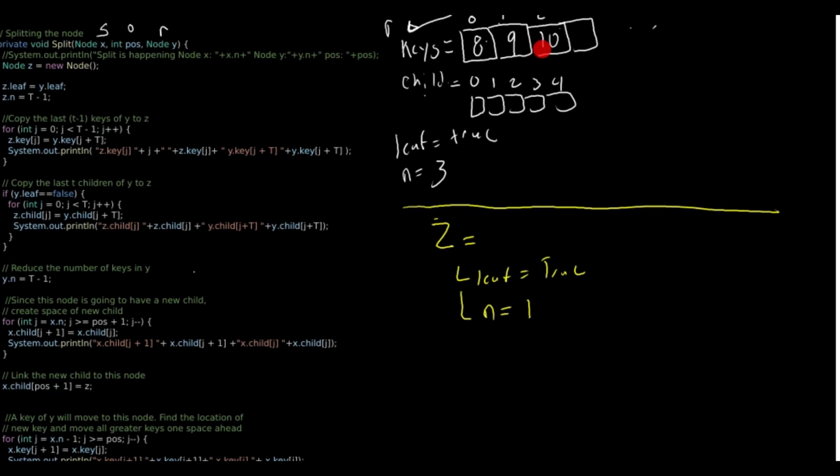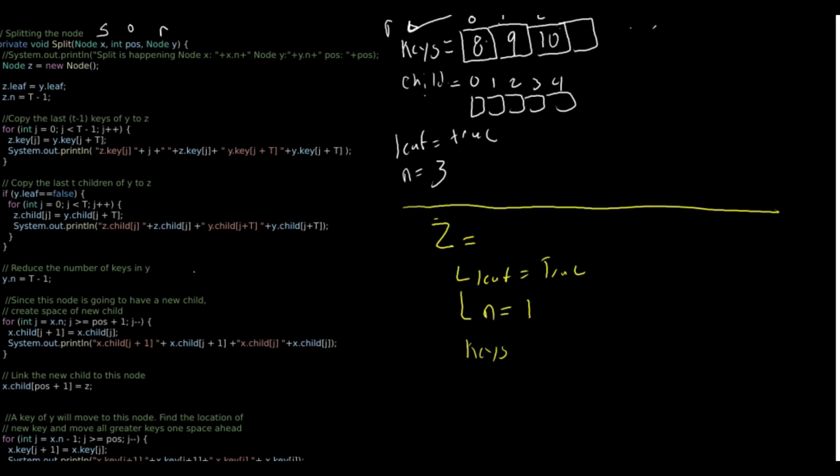And right over here we're going to move the last element from Y. Y is R, the one we're copying, 10. We're going to copy it into Z.